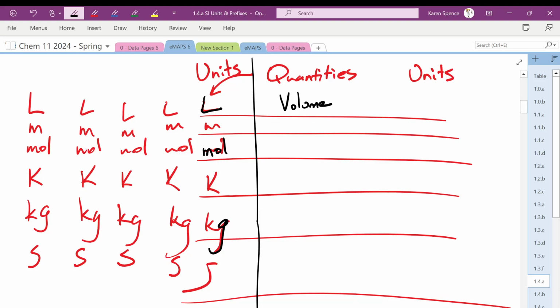Okay, so I got Jerome and I got Leo. Leo, what is the abbreviation for volume? That's the abbreviation for liters. What's the abbreviation for the actual term volume? That's okay, no worries. The abbreviation for volume is just V. So that's what I mean when I say abbreviation, okay? Part of it's just getting used to the terminology I use. So we have the quantity and we have the abbreviation for the quantity.